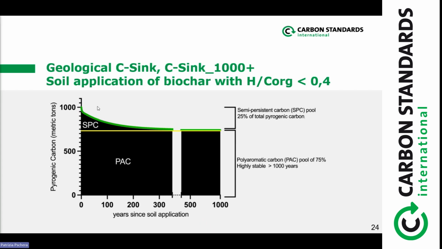And then there's the semi-persistent carbon pool that is 25% of the total pyrogenic carbon, which faces a degradation after time, and therefore doesn't constitute a long-term carbon sink with more than 1,000 years of stability. But for soil applied carbon, biochar with an H2C ratio below 0.4, you will be issued C Sinks 1000 plus for 75% of the applied carbon.